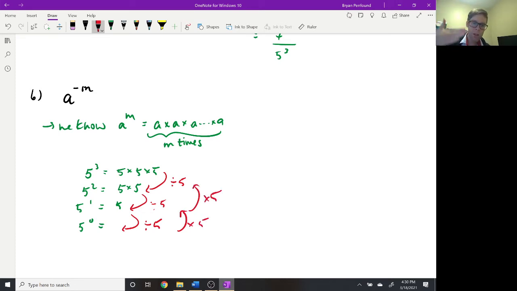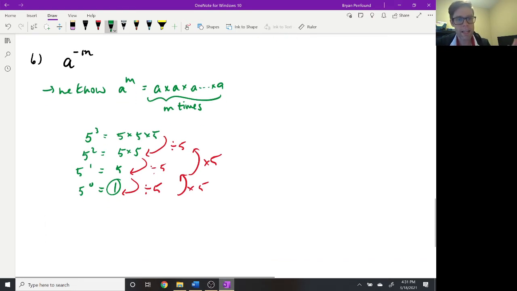And if I go down the rung of powers, I'm dividing by 5. So it's natural for us in this particular instance down here to take 5 divided by 5 and get the number 1. So this is typically how we define a 0 power base. We define a 0 powered base to be equal to 1 based on this pattern that we see of dividing by 5.